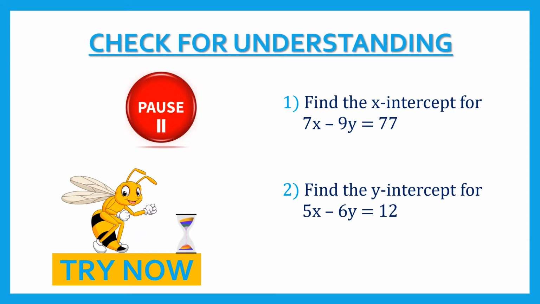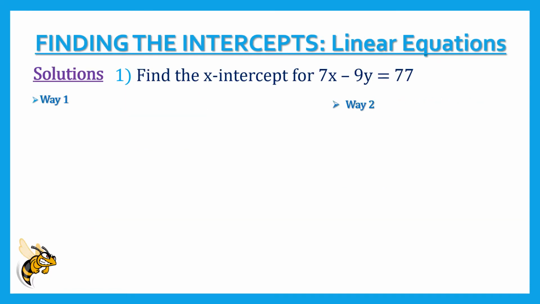Go ahead and check for understanding by trying these two problems. Solution. Number 1. Find the x-intercept for 7x minus 9y equals 77. First step, replace y with 0.